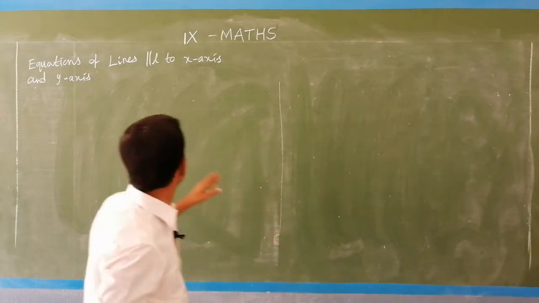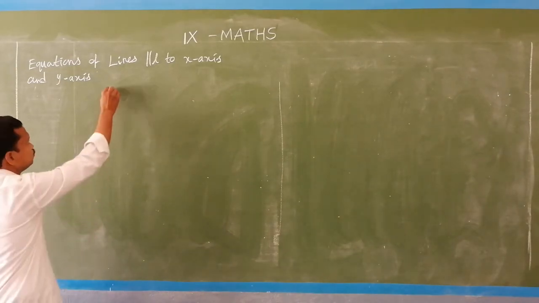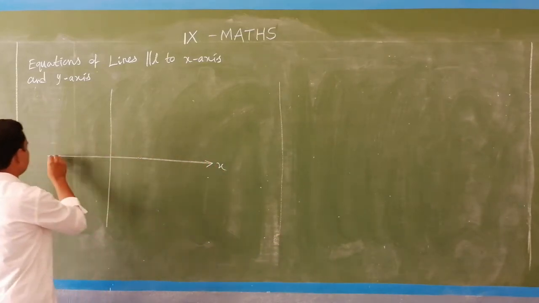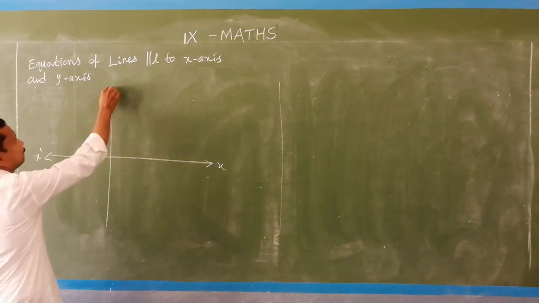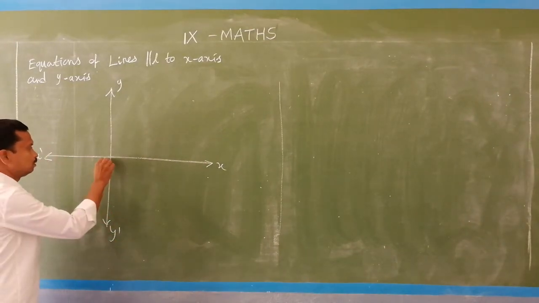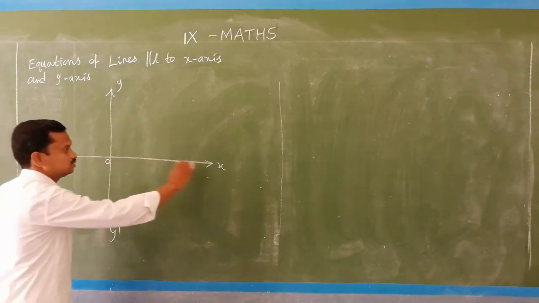You see the next topic, equations of lines parallel to x axis and y axis, and that you know. For example, you see, equation of a line parallel to x axis means, this is x axis.